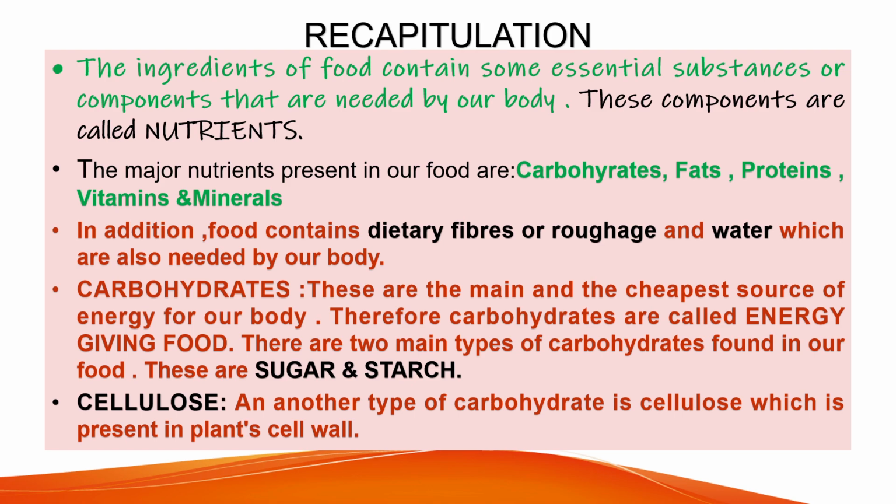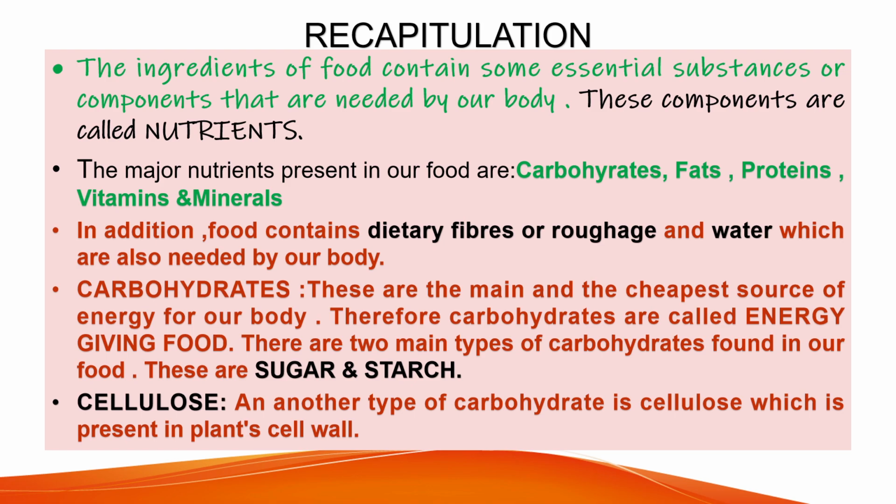Now we talked about carbohydrates also in that part. These are the main and cheapest source of energy for our body. Therefore, they are also called energy giving food. There are two main types of carbohydrates found in our food: sugar and starch.